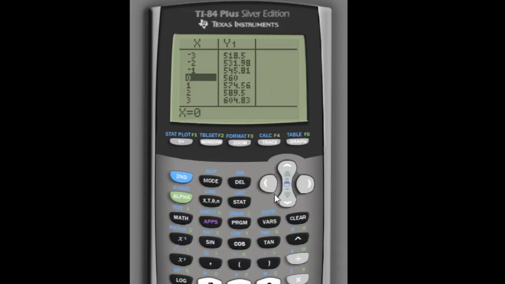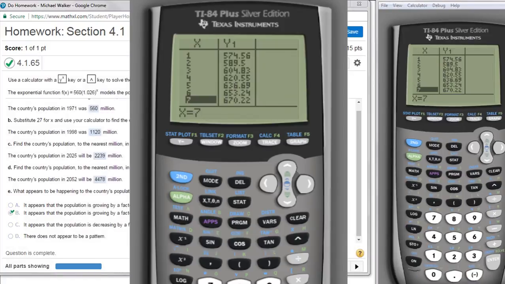For instance, 0 gives 560, and 27 gives 1,120 million.